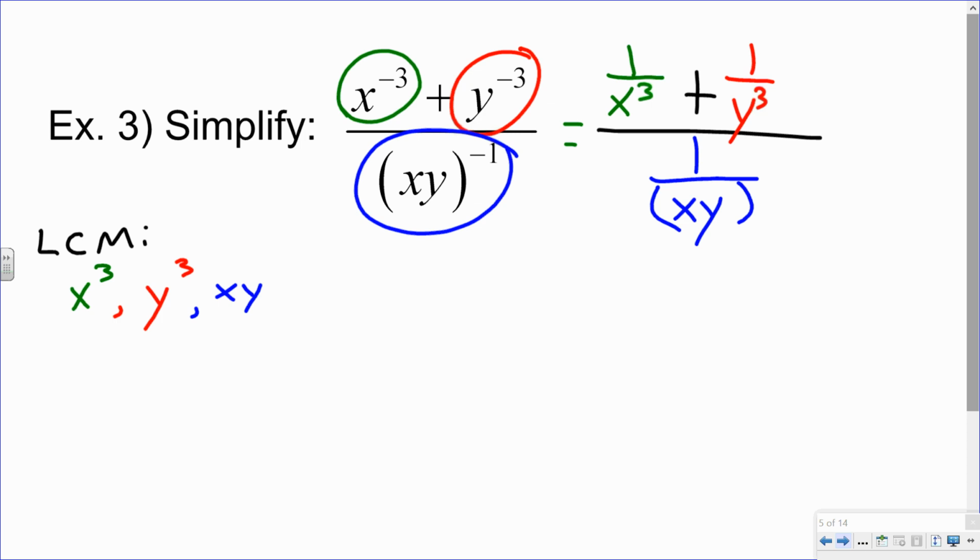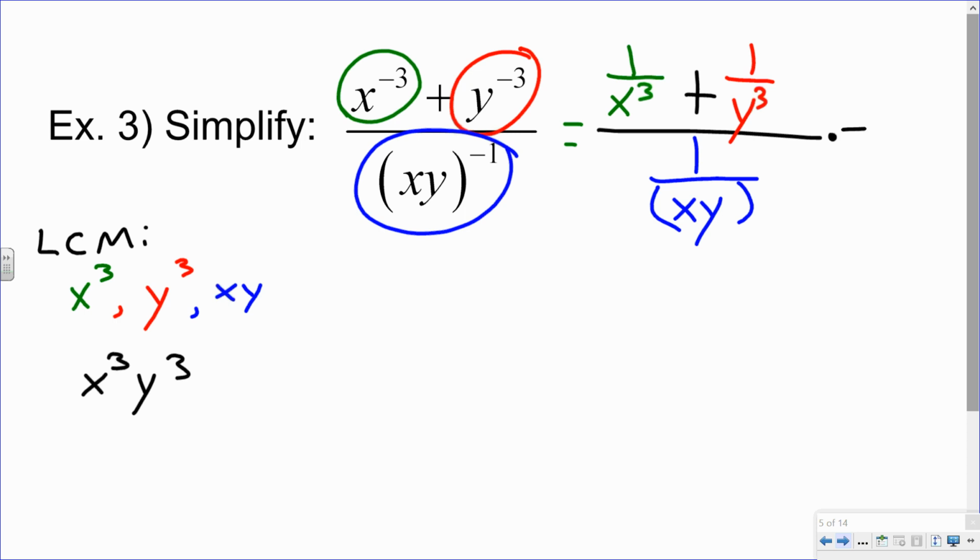Who can tell me the least common multiple of those 3 denominators? Or if I were getting a least common denominator of them, what would that be? Lydia. I'm sorry, Caitlin. X cubed, y cubed is exactly right. I could multiply x cubed by y cubed and get this, y cubed by x cubed and get it. I can multiply this by x squared, y squared, and I'd have that. So it's a multiple of all of them.